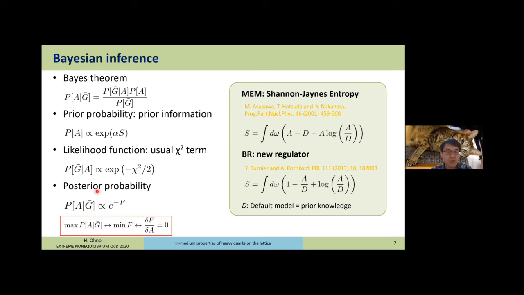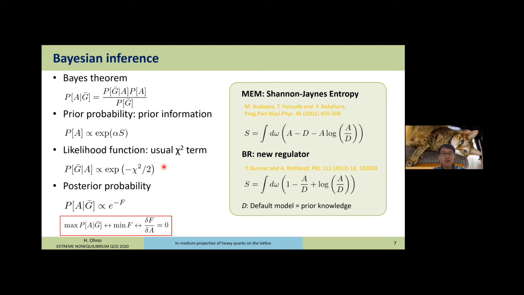What we want to do is get the most probable spectral image, which corresponds to the maximum probability of P(A|G), and which also corresponds to the minimum of this F. So what one should do is just find the minimum of this F.